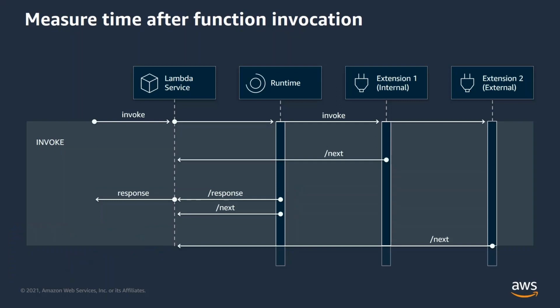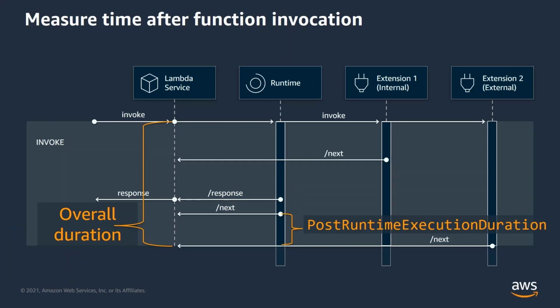Just to explain duration using this diagram, when a Lambda function invokes, its overall duration is the total amount of time that your function code spends processing an event. To know the performance impact of extensions on the invoke phase, Lambda outputs the post-runtime execution duration metric, and this measures the time spent between the runtime's API request and the last extension's API request.